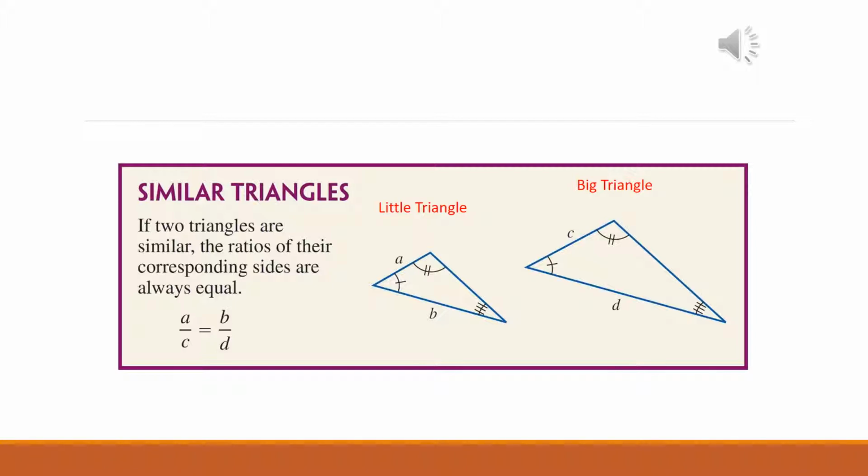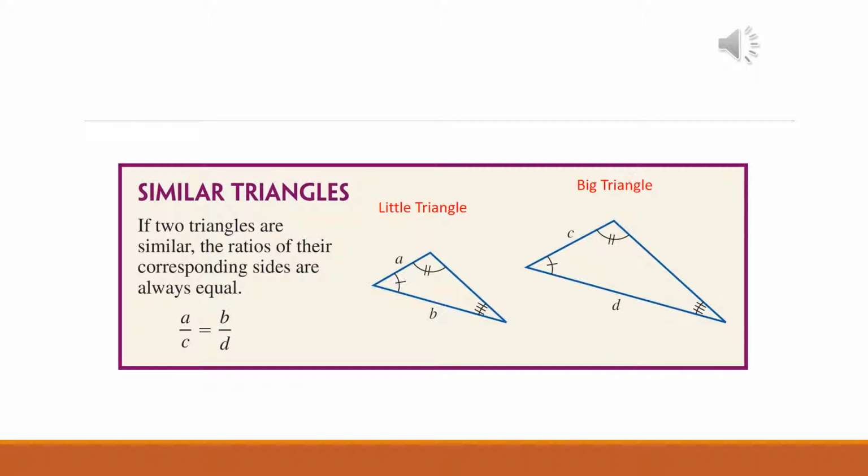So here is the theory of similar triangles. It says, if two triangles are similar, the ratios of their corresponding sides are always equal. We're going to form the ratios by looking at the little triangle and the big triangle.